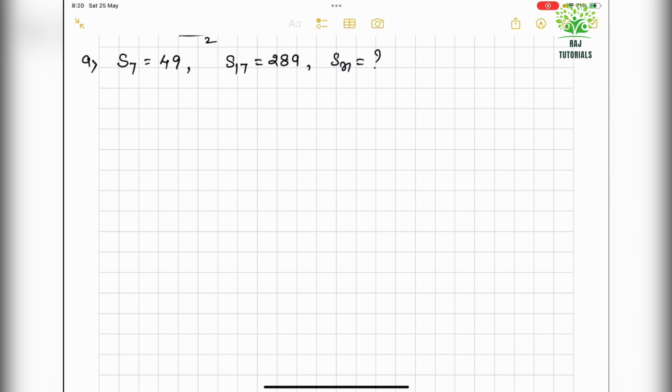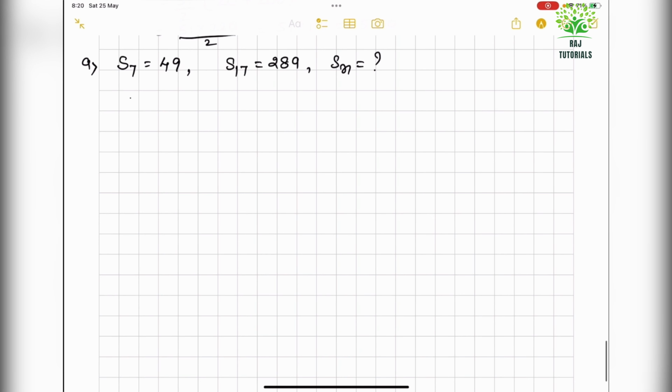Now the ninth one says: if the sum of the first 7 terms of an AP is 49 and that of 17 terms is 289, find the sum of the first n terms. So I know S7 is 49, S17 is 289. Now we know that Sn equals n by 2 into (2a plus (n minus 1) d). So S7 will be 7 by 2 into (2a plus 6d).